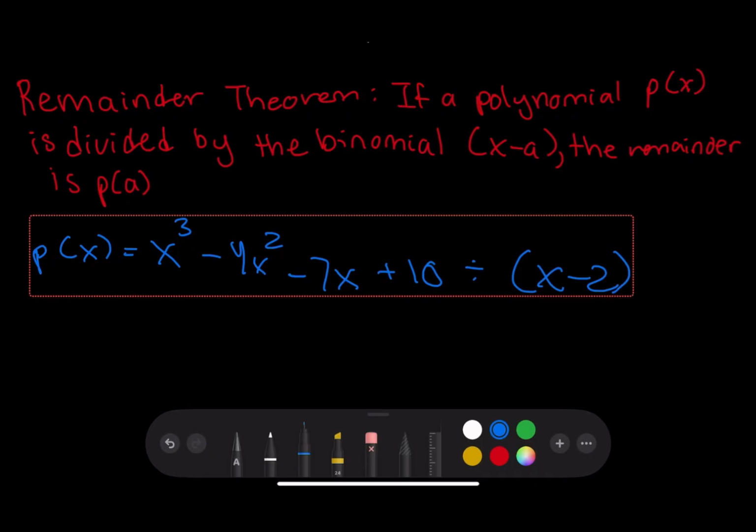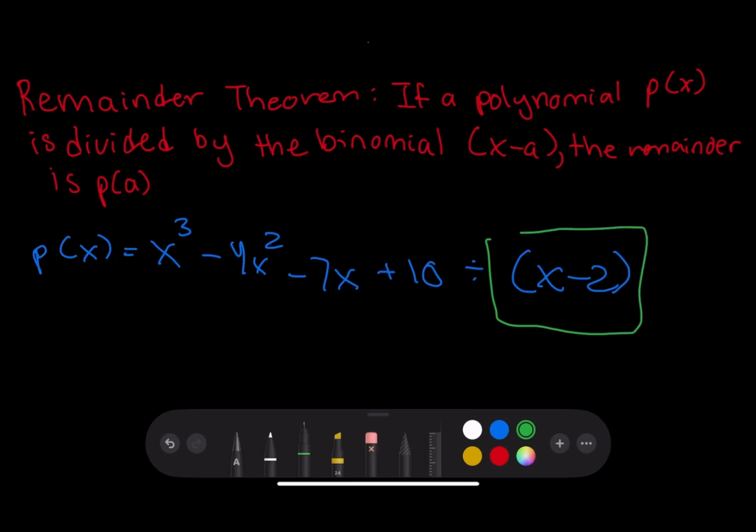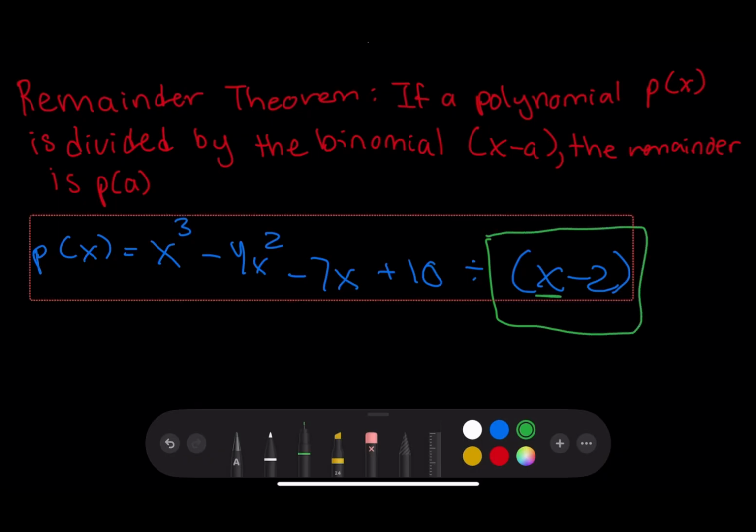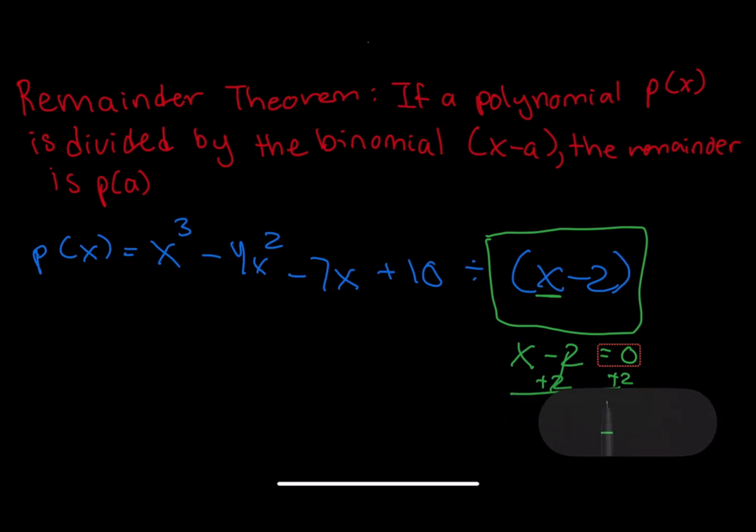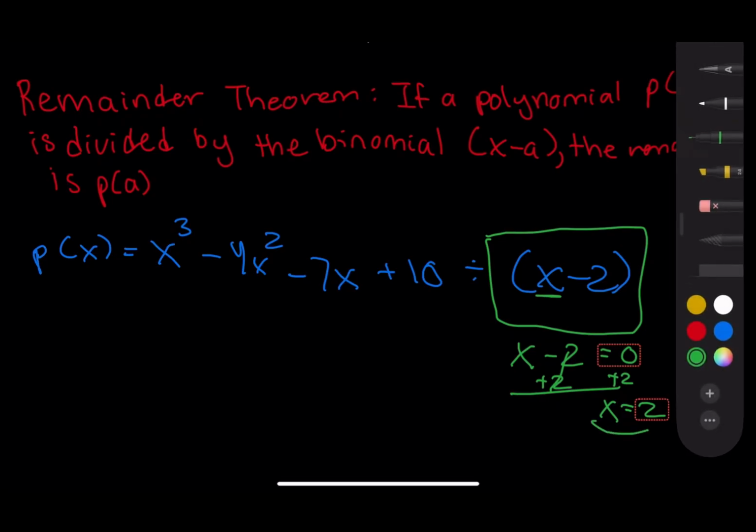Our first step is we have to set this x minus 2 to 0 so that we can figure out what x is. We add 2 on both sides and we get x is equal to 2. Now that we have x equals 2, what this means is p of a.